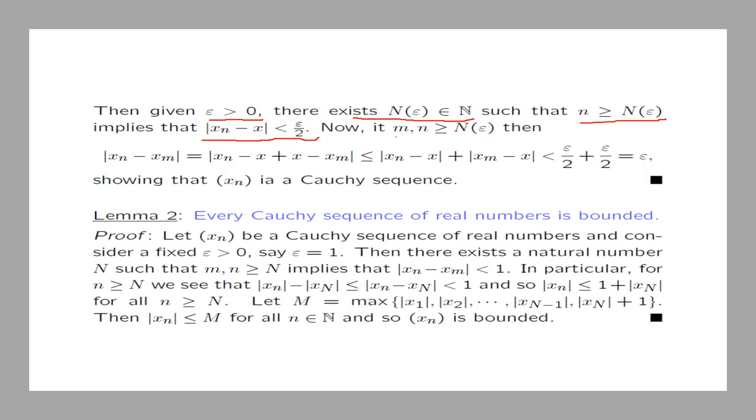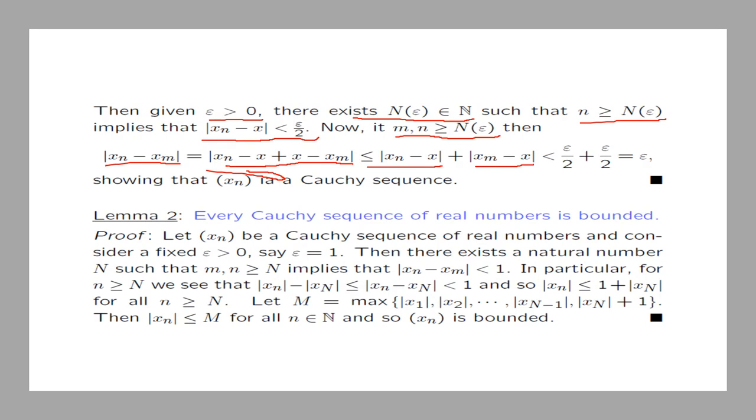Now, if small m and small n are bigger or equal to N epsilon, then the distance between xn and xm can be written as the magnitude of xn minus x plus x minus xm, and this is less or equal to the distance between xn and x plus the distance between xm and x.